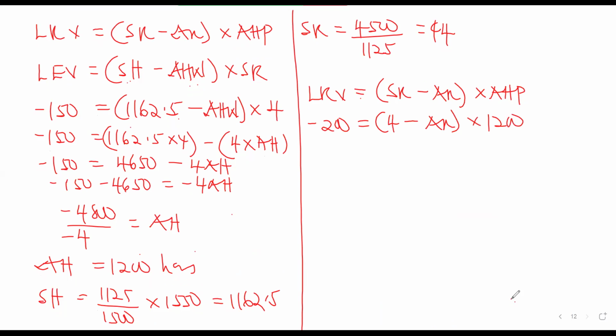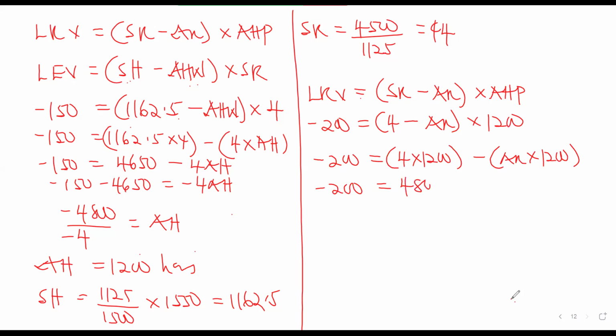Are we okay? Can we say that negative 200 is equal to 4 multiplied by 1,200 minus AR multiplied by 1,200? So negative 200 is equal to 4,800 minus all of this, which will be the actual cost.